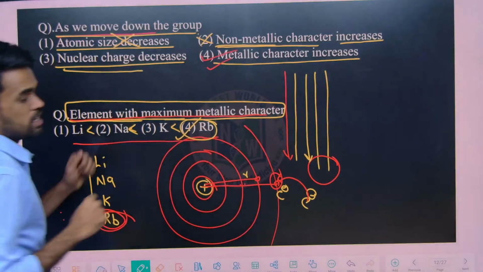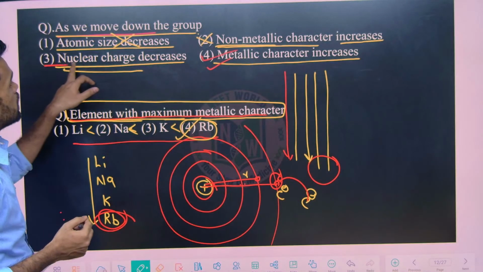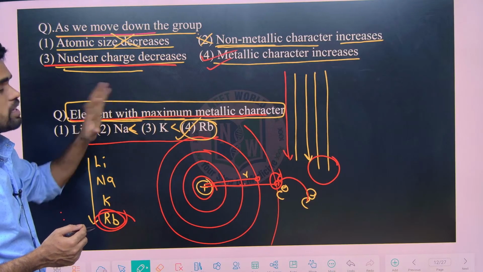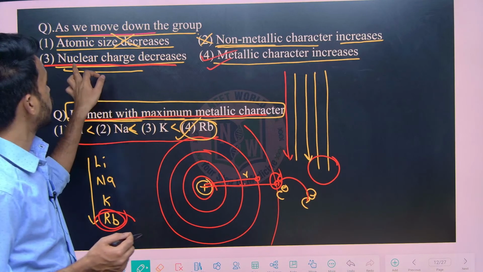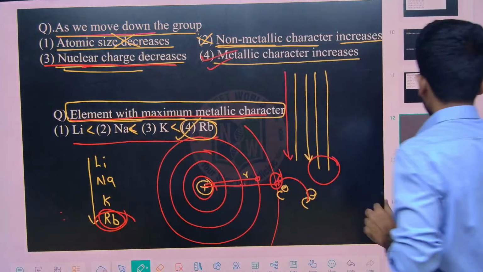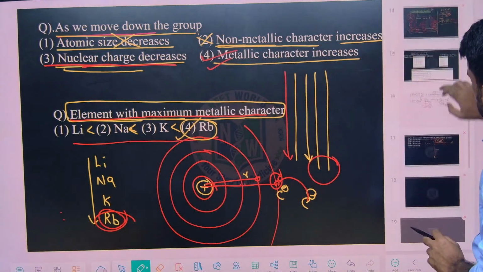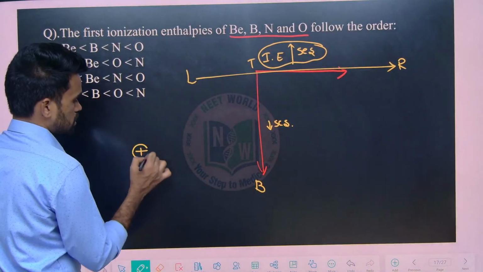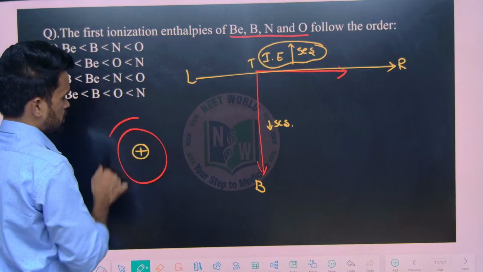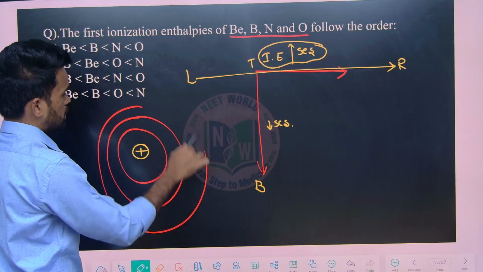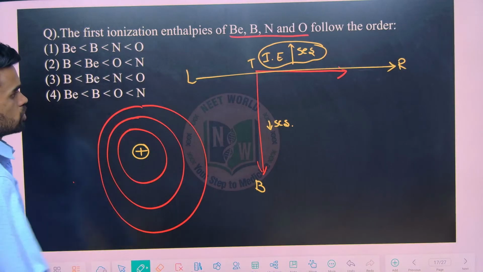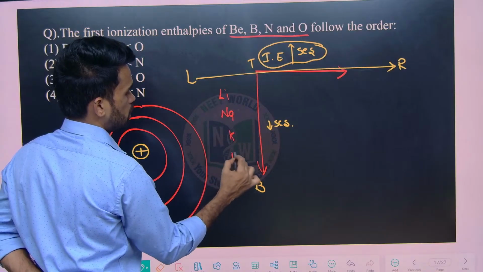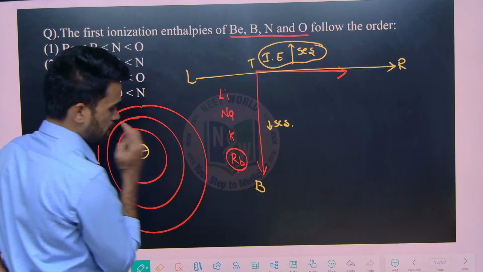Down the group, size increases. Nuclear charge increases, but effective nuclear charge decreases, you can remember. Let us come back to our discussion. If this is the nucleus, the bottom elements, lithium, sodium, potassium, rubidium, have bigger size.